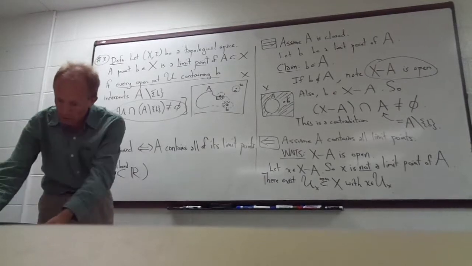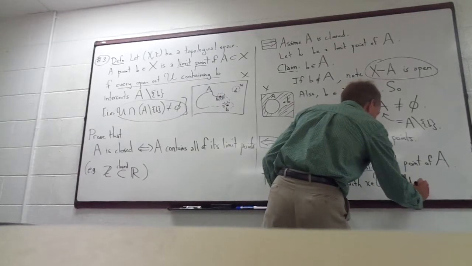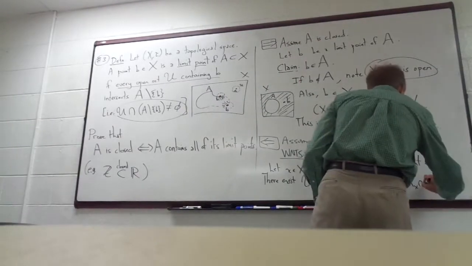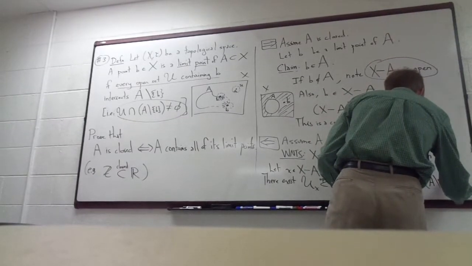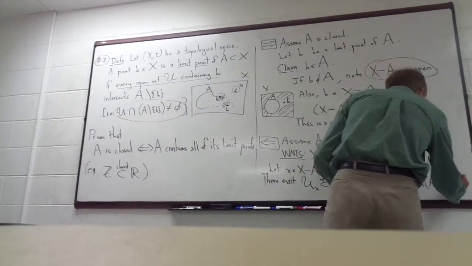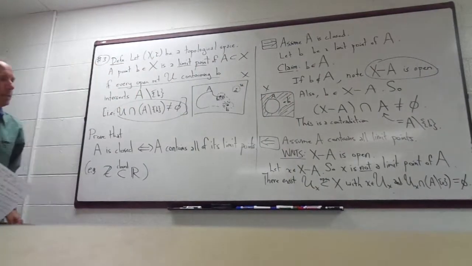So u sub x intersected with A minus the set of x is actually empty. This time it is actually empty.